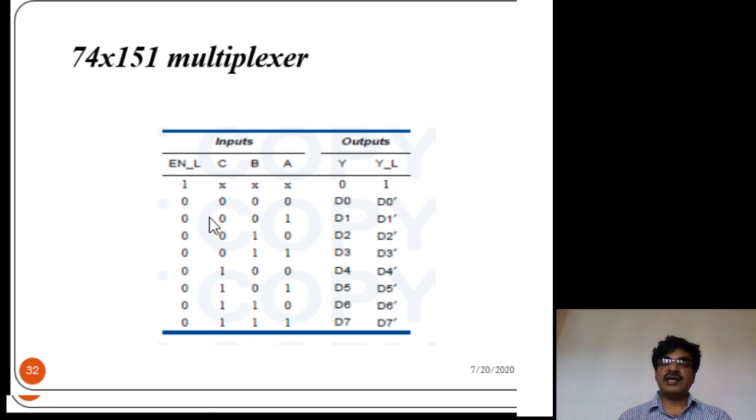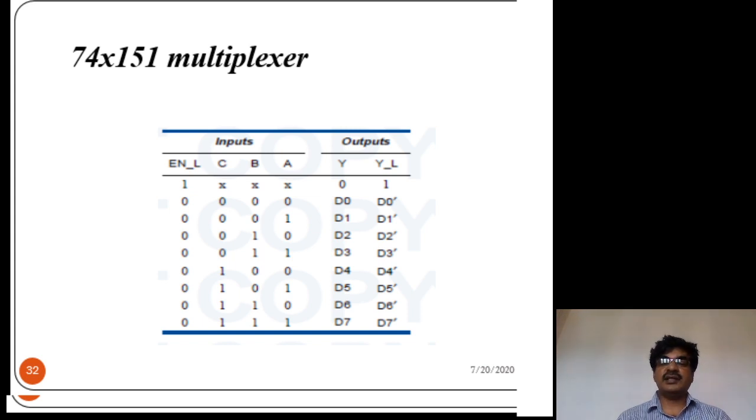Similarly, for select line 0, 0, 1, D1 is connected. Similarly, for 0, 1, 0, D2 is connected. Like that, based on the select line value, one of the input data is connected to the output. So the usage of this multiplexer is that it acts as a selector switch.